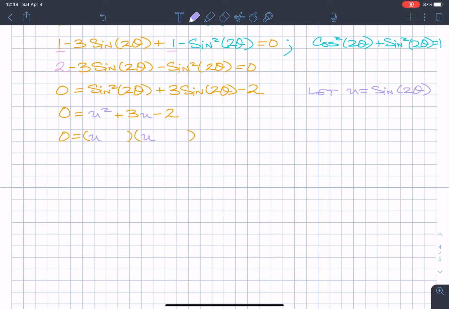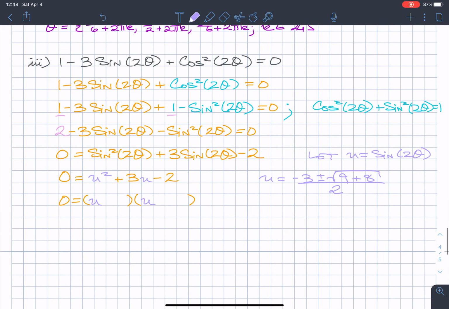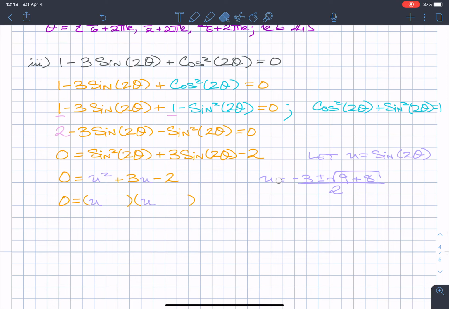U squared. Okay, so u is equal to negative b plus or minus the square root of b squared minus 4ac, all over 2a. Oh, that's why. Wow, I really made these miserable numbers, didn't I? I wanted to make them good numbers, but I failed. I don't want to deal with ugly numbers.